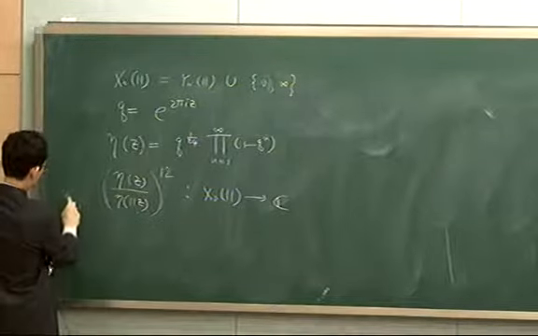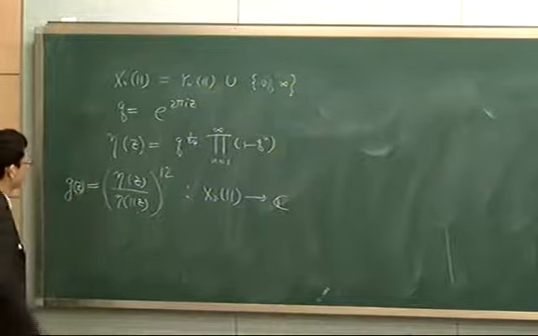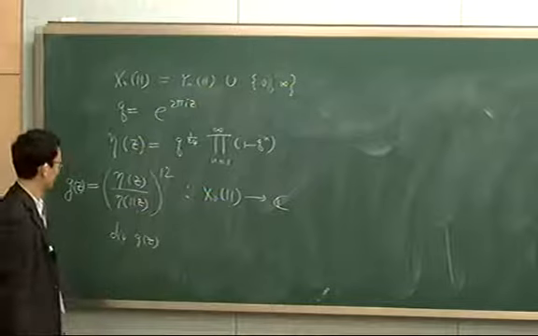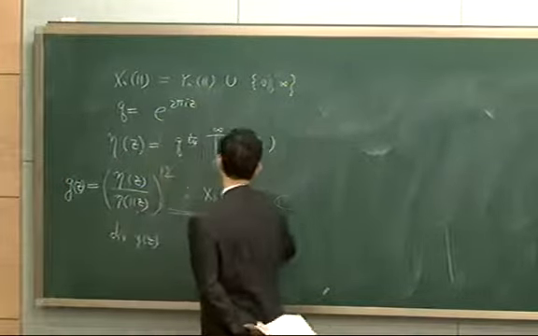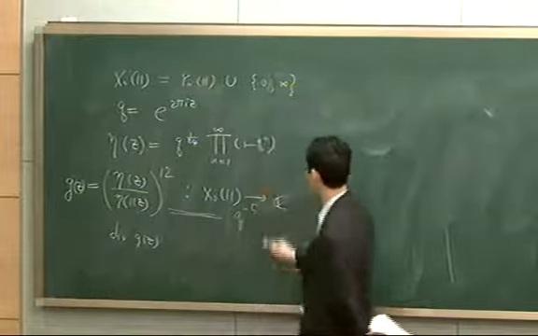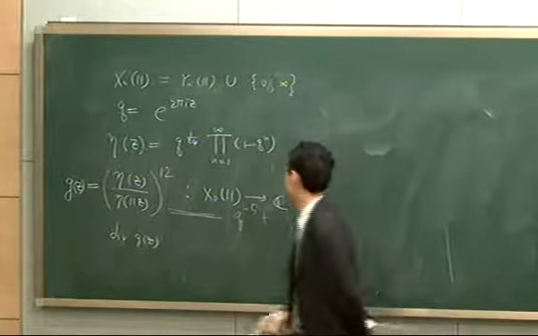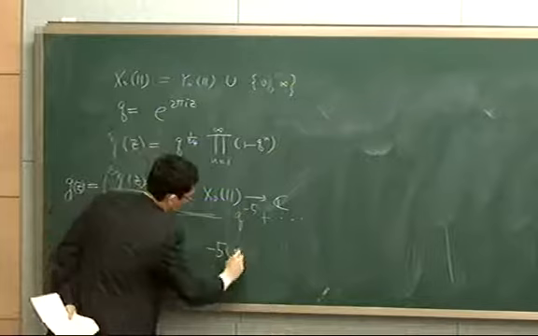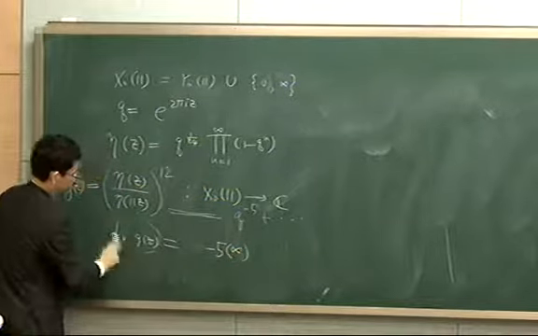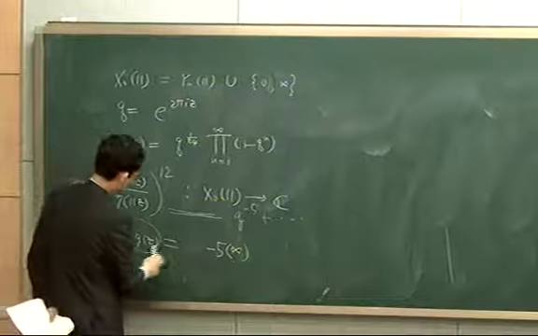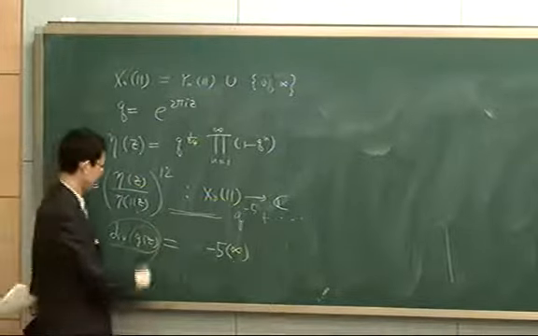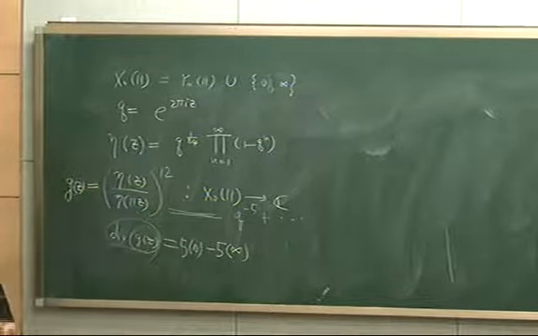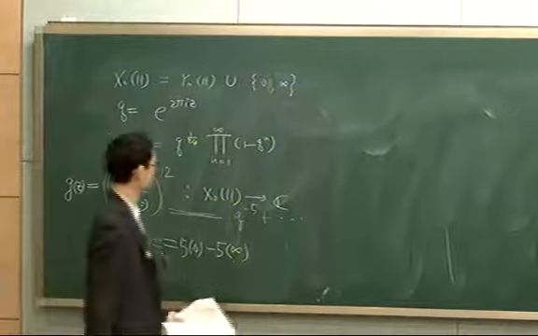This function is denoted by g. And the pole of g comes from infinity because this has an expansion q to the minus 5 plus and so on. So the pole is at infinity. The divisor means some quantity relating the zeros and poles of this function. So it has a zero of order 5 at the cusp 0.